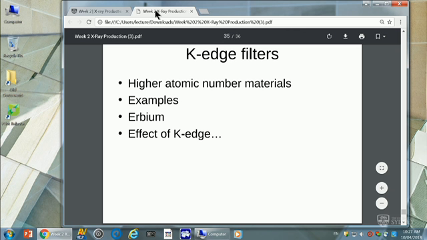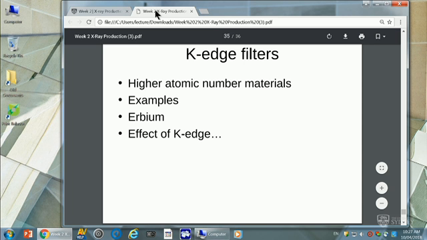What that means with your X-ray spectrum graph is that this is the graph that you're very, very familiar with. Okay, and you've got your characteristic radiation there if you're high enough, and here as well.